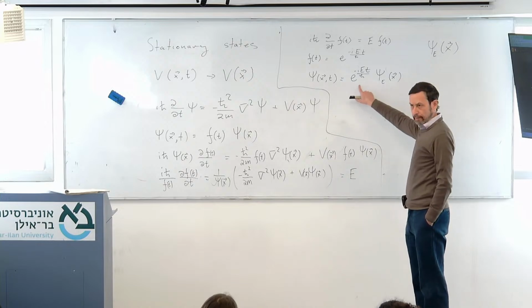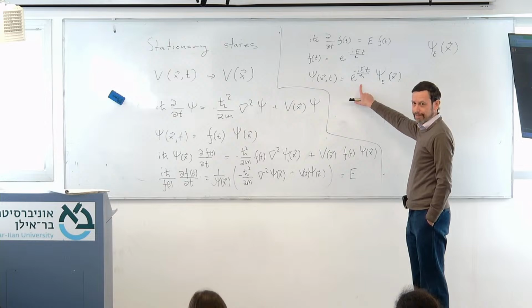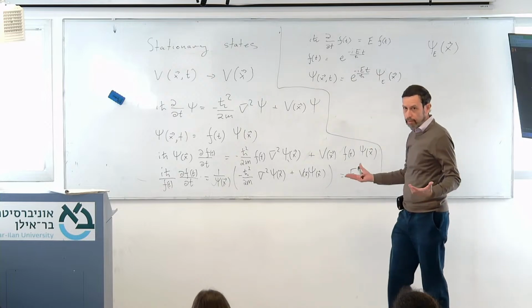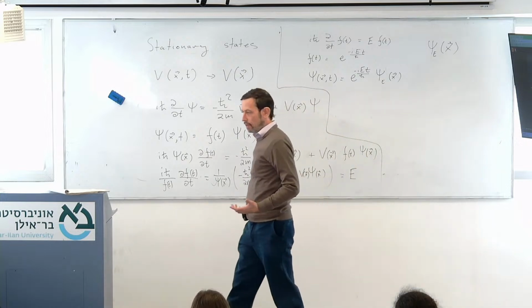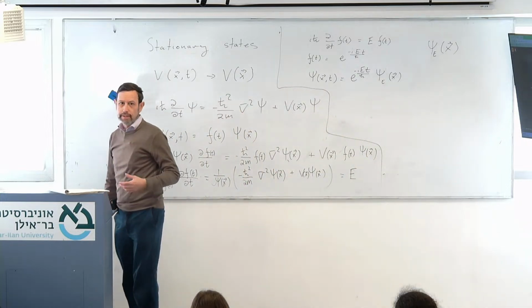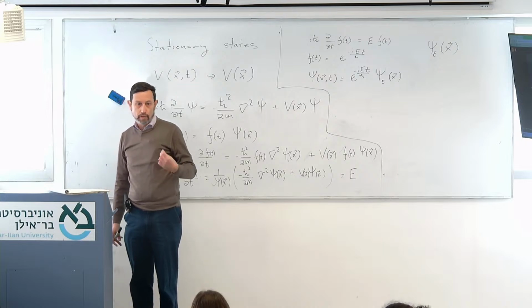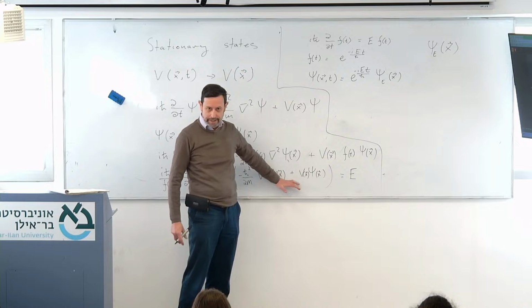So the whole dependence on time appears as an exponent, as a phase. And we have here some dependence on x, which depends on the problem that you are trying to solve. A lot of times, the mathematical complication of solving the problem is in here.